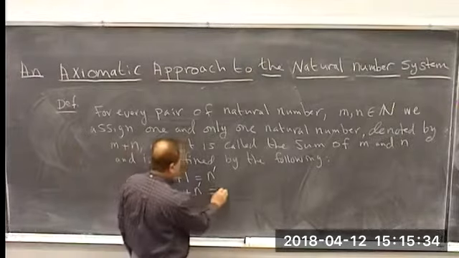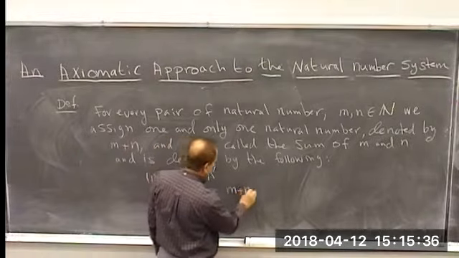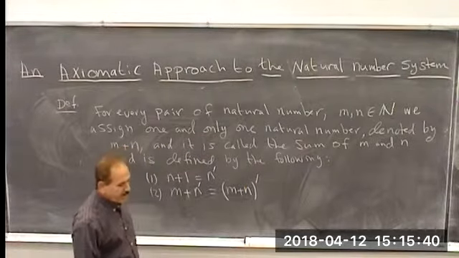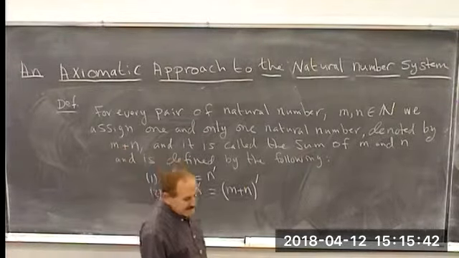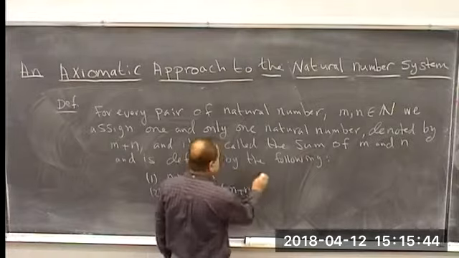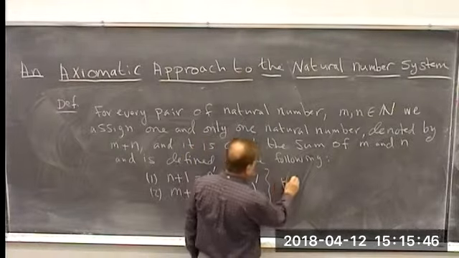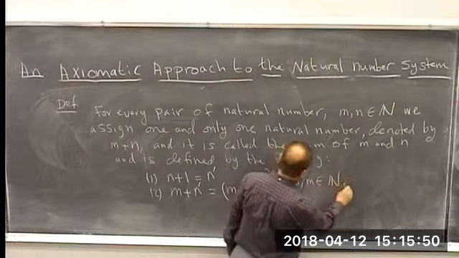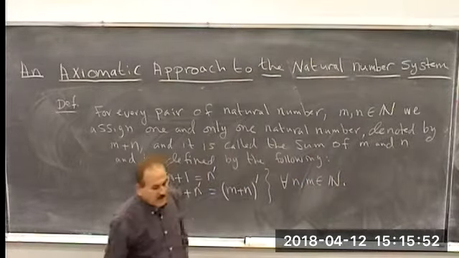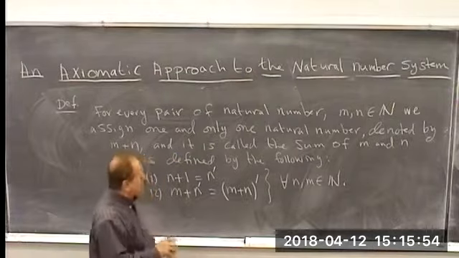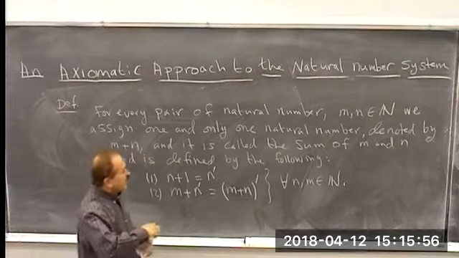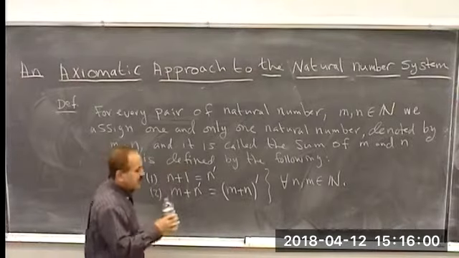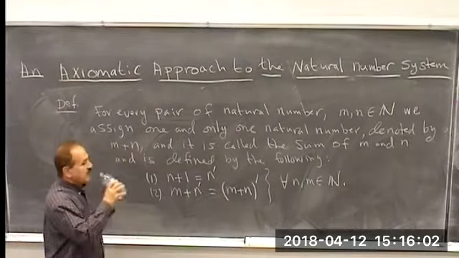We define this to be the successor of m plus n. Both of these are defined for every m, n in N. Let's try to see if we could make sense out of this, and if this definition actually is well defined.